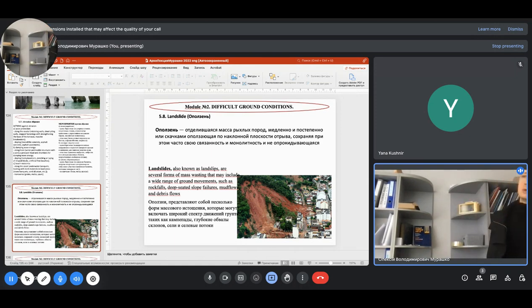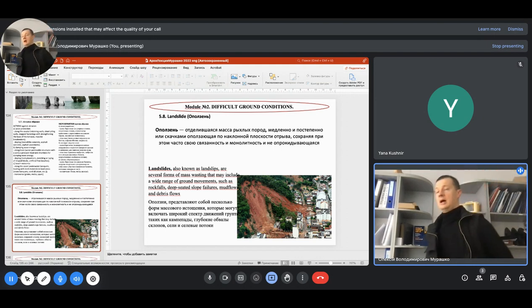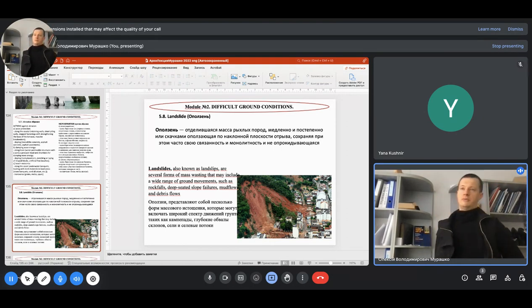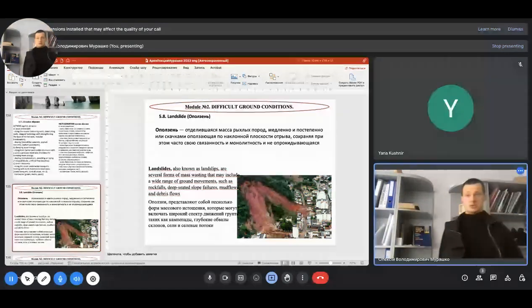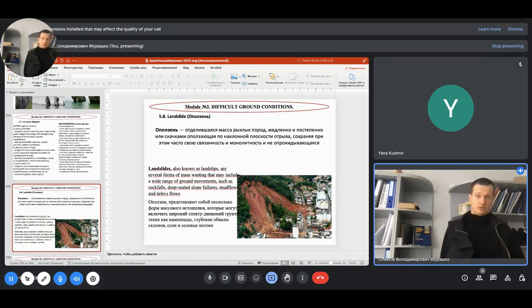All those effects you can find on the Odessa seashore. So that is why I'm returning to our first lecture about difficult ground conditions. Odessa is a combination of various difficult ground conditions, and in most cases not even two or three, it may be four.